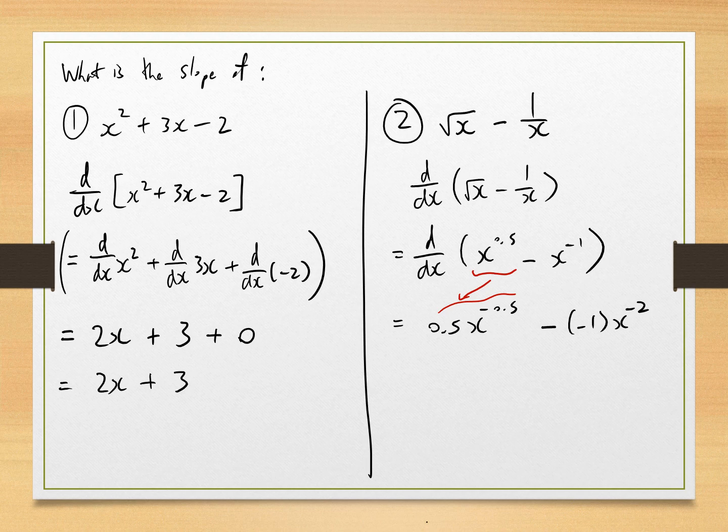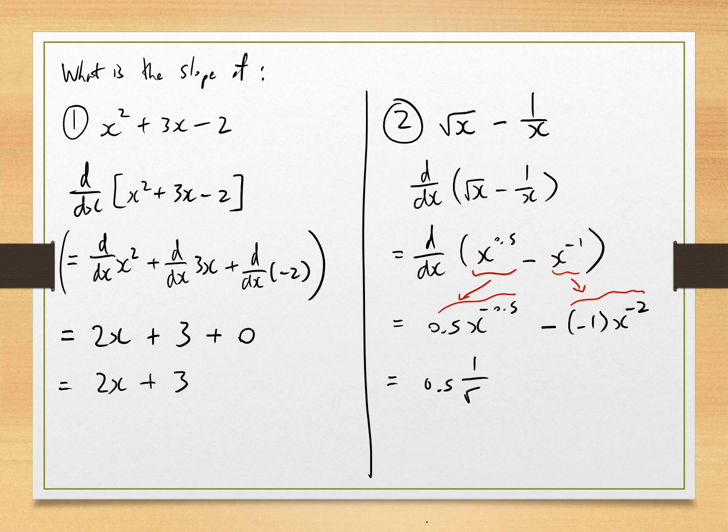And once again, what are you doing? We're using the power rule, but you don't need to state that you're using the power rule. If you want, you can put it in a nicer format.